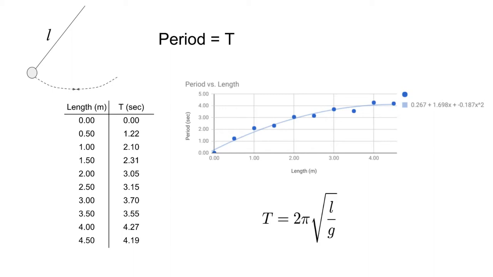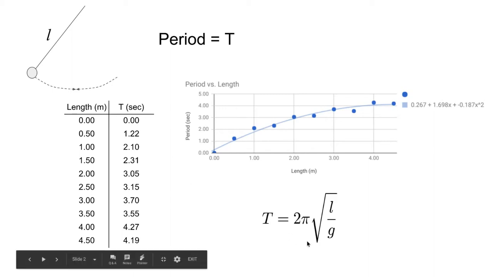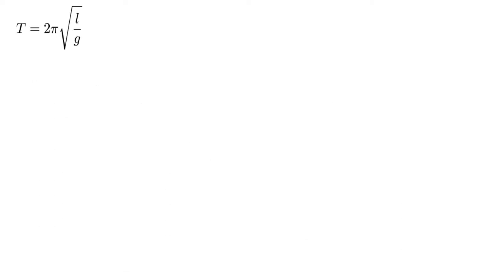The equation for a period is 2 pi root L over g. And by doing a little algebra, we can determine g.